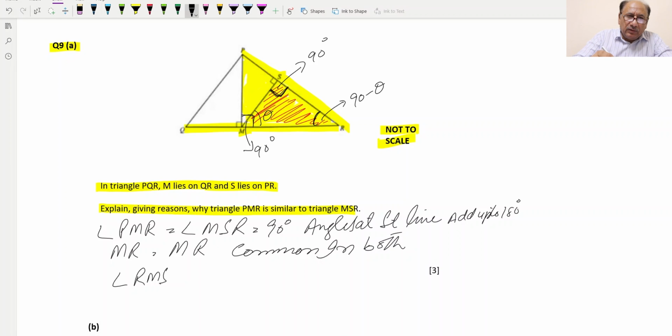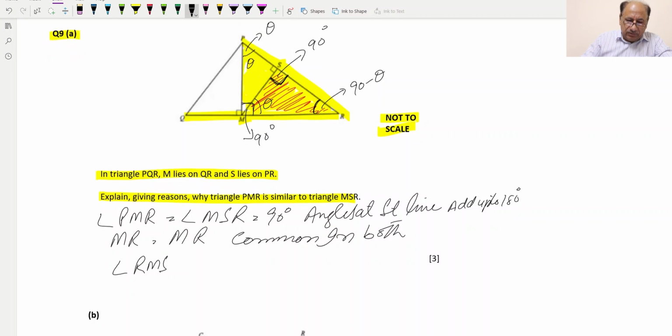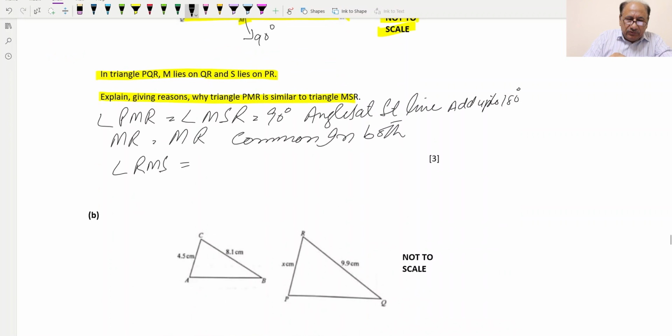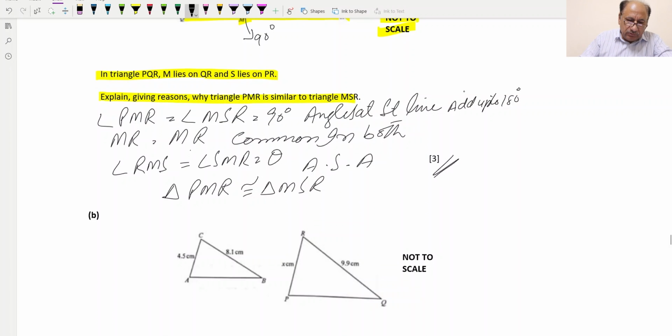Similarly, this angle will also be theta, so we can write angle RMS is equal to angle SMR, which is equal to theta. So all three statements, angle, side, angle, are satisfied, so we can write triangle PMR is congruent to triangle MSR, and this is the 3 marks question which we have done.